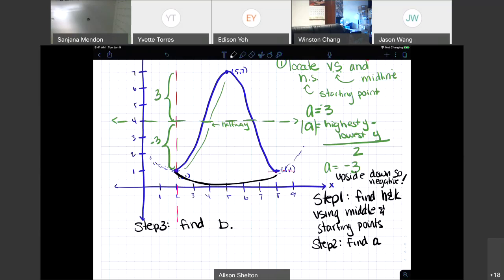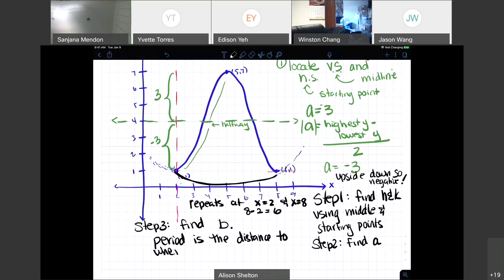So going from x equals 2 to x equals 8, we're going to take the difference, 8 minus 2, which is equal to 6, and that's going to be the period. The period is the distance to where x repeats.